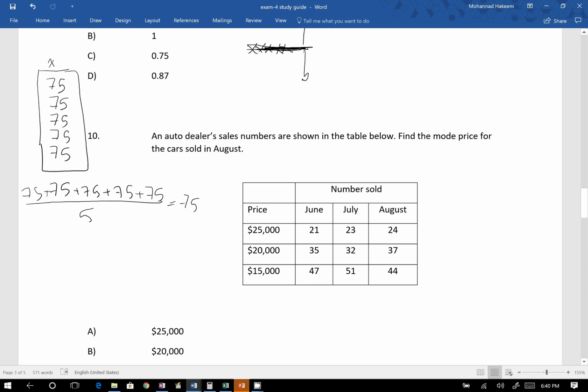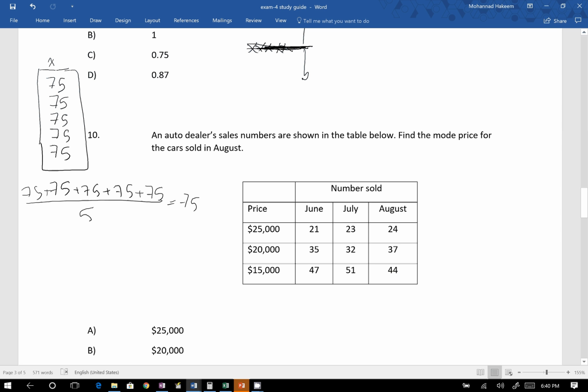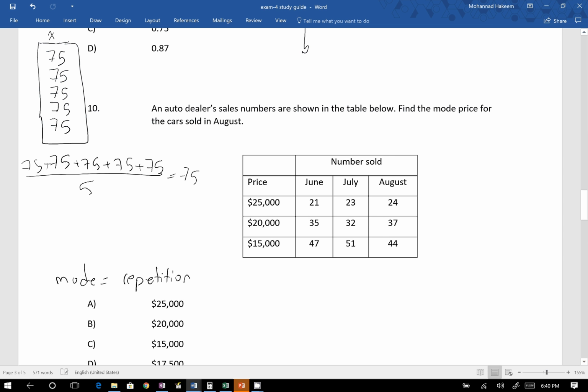Number 10. An auto dealer's sales numbers are shown in the table below. Find the mode price for the car sold in August. So what's the mode? Mode meaning the most repeated. Mode is all about repetition. So we're talking about the month of August, and we want to know which one was repeated the most. It's a little bit confusing here because you have the numbers here.